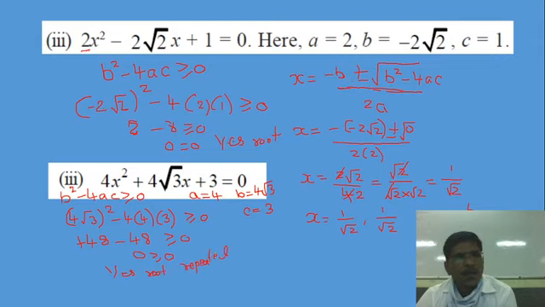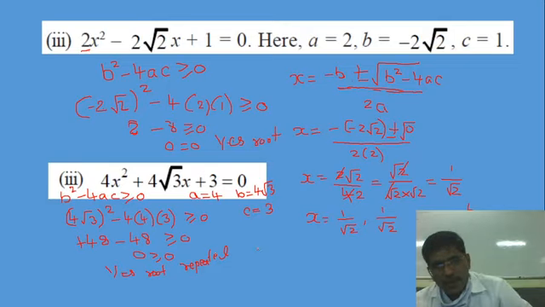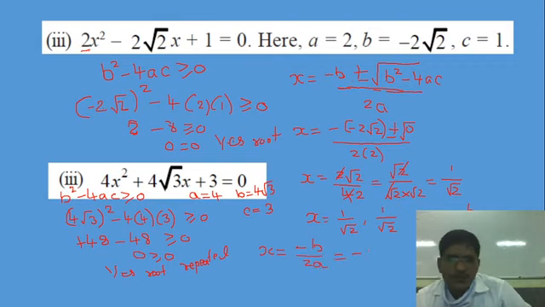Now again we know that b square minus 4ac is equal to 0. So as already discussed in the above sum, I have to put the value minus b by 2a. The value of b is 4 root 3, and the value of a is 2 into 4.